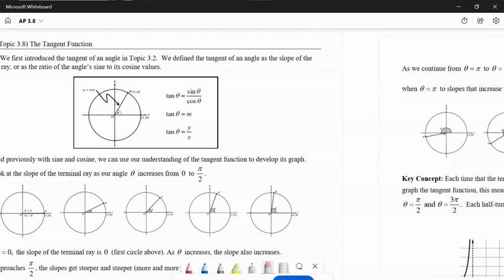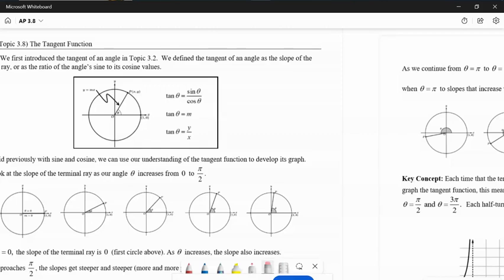Then I go over the x amount, which is also cosine. So the slope of this line is the same thing as tangent. Here we have three things: sine over cosine, the slope, and y over x. We're going to use y over x a good amount. This is how we're going to think about it.